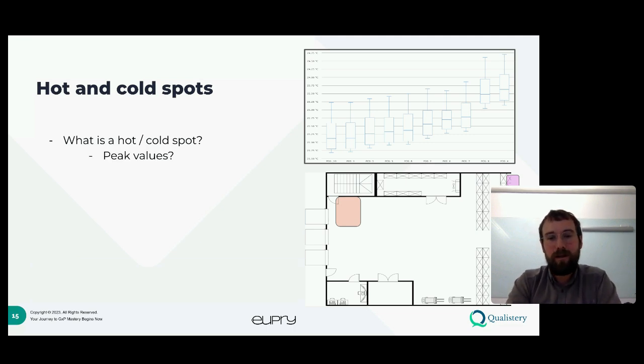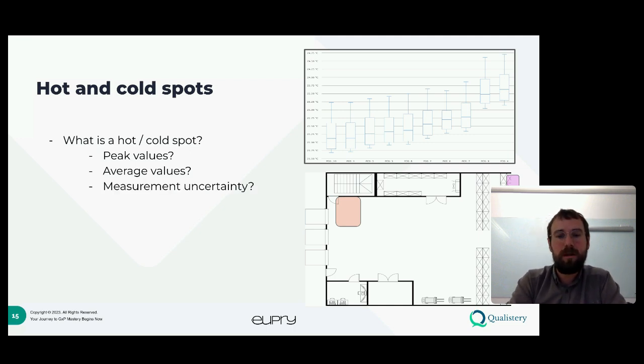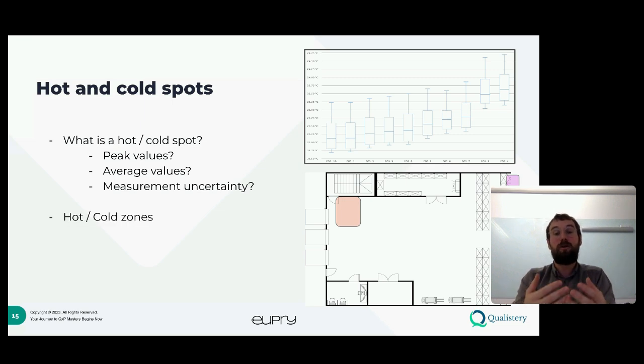Is it due to peak values? If we measure just the one single highest measurement, is that a hot spot, for example? Is it the average values? What about measurement uncertainty? All those things, in my mind, should be taken into account when actually identifying what I'd much rather call hot and cold zones.